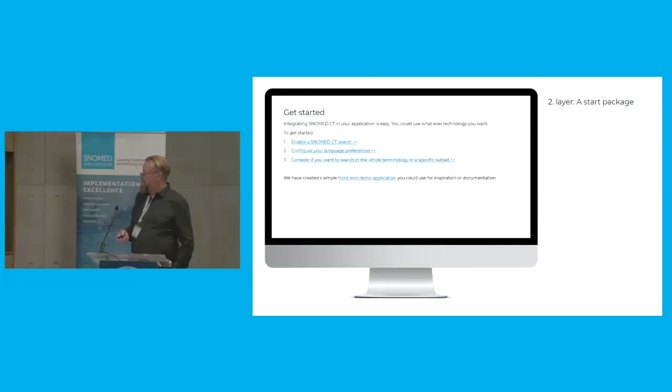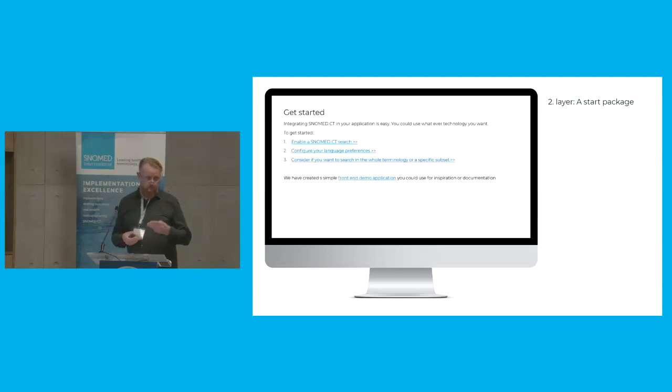Layer 2 is to develop some kind of starter package. I think that's important. From our experience, a first step could be to guide the vendors on how to enable a SNOMED CT search, a primitive one, using the APIs. The next step is to refine the language preferences.